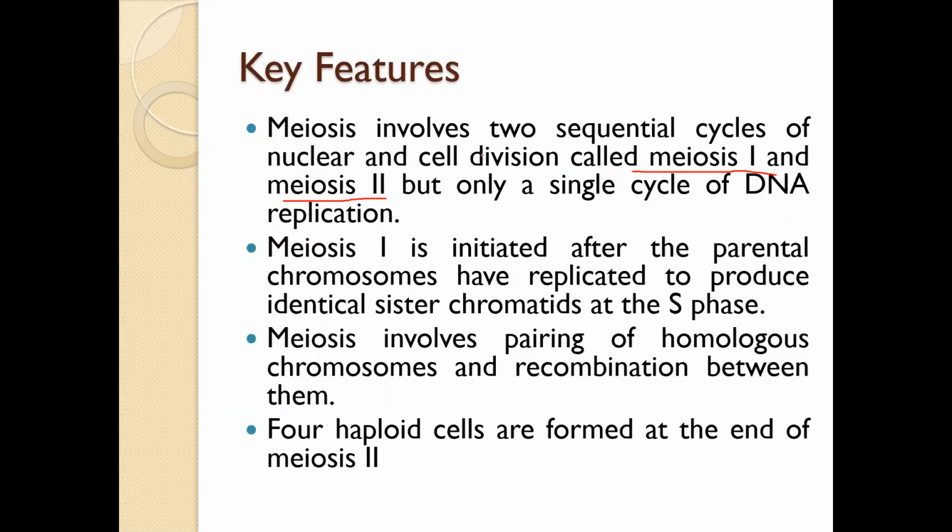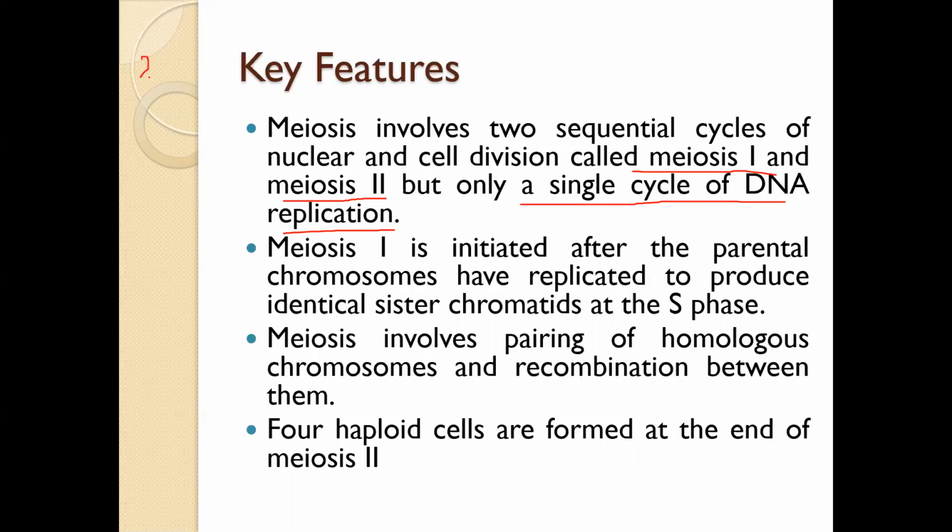In the case of mitosis, before each division process the chromosomes need to be doubled, so they go through a DNA replication process. But in meiosis, the cells have only a single cycle of DNA replication.